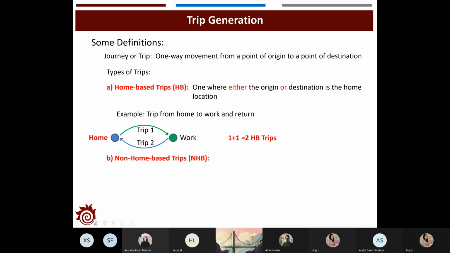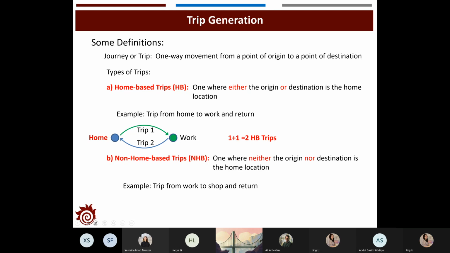And the other type of trip, the non-home-based trip, is defined as a trip where neither the origin nor the destination is the home. Basically, all types of trips other than the home-based trip are defined as non-home-based trips. Let's see another example, the trip from the work to the shop and then return.